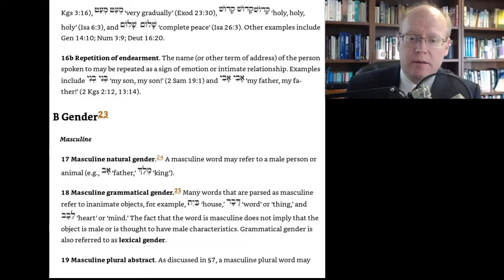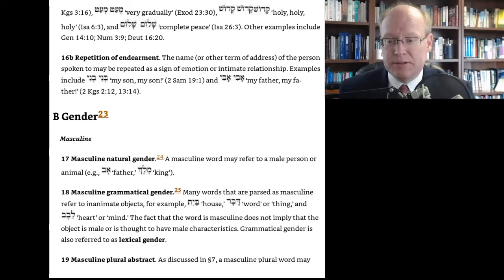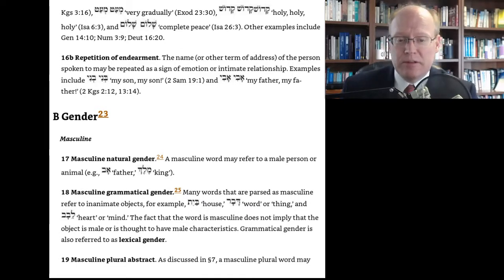So let's take a quick review of what Williams says in his categories under gender. With regard to masculine, he notes that it can refer to natural gender, that would be semantic gender. There is masculine grammatical gender, which would basically be the same thing as morphological gender. There are masculine plural nouns that refer to abstract ideas. That's just a recognition that some words have as their referent an abstract idea.